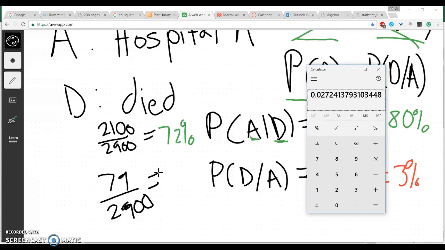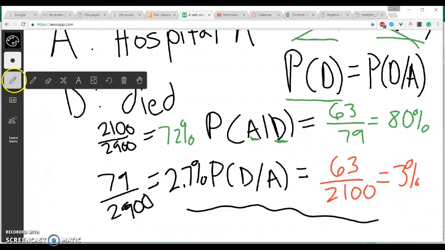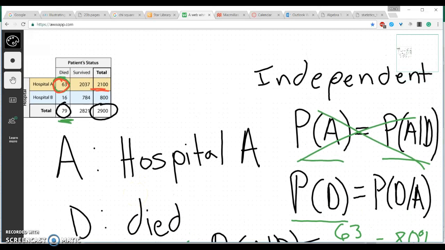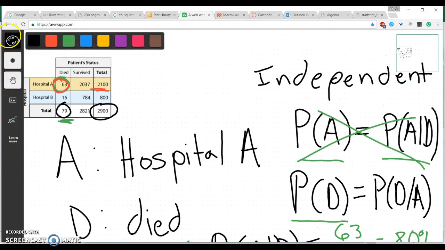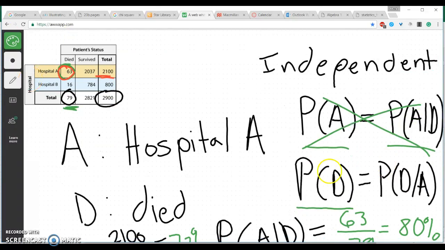Well, this rounds up to 3%, but if you remember, that was exactly 3%, and this is really 2.7%. So again, we find that these events over here are not independent. So we found that these events aren't independent because the probability of D is not the same as the given probability. Okay.